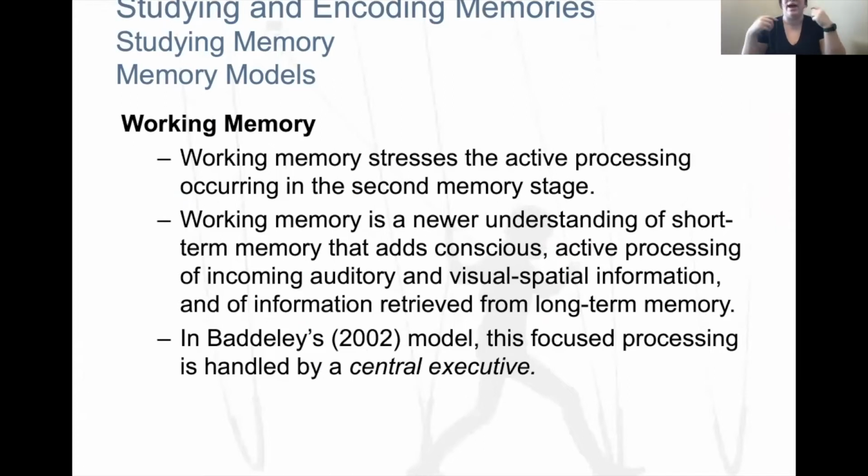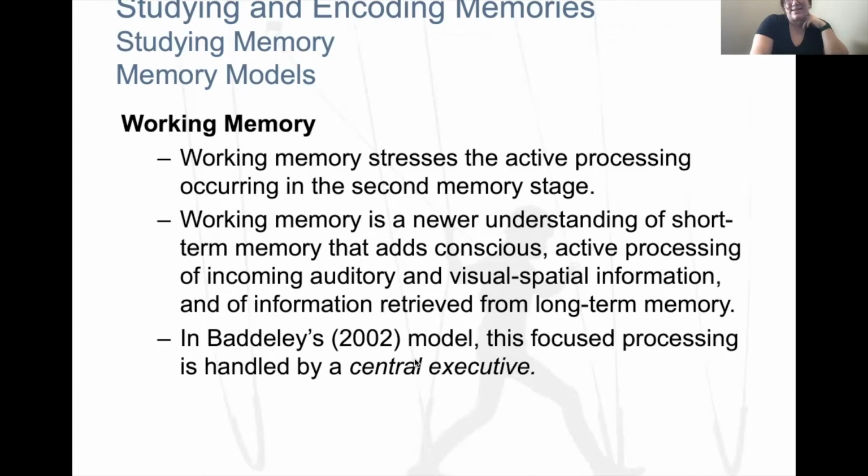It pulls in that active processing, sort of thinking through the sensory information that is coming at us, which is the auditory and the visual-spatial. And then it takes into account things we already know that we're pulling in to inform how we remember or how we understand this new information.